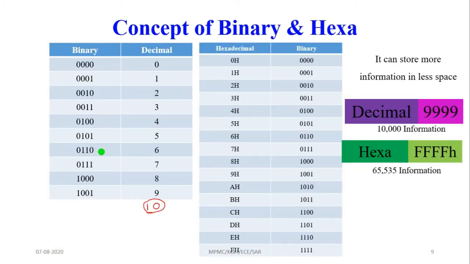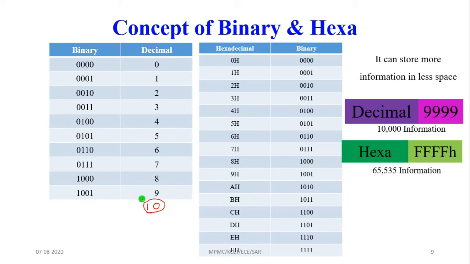Next, this is the concept of binary and hexadecimal numbers. Why can the data be represented by hexadecimal? This is a simple concept we are going to see here. First we take the decimal number. The decimal number varies from 0 to 9. We are going to increase above that, to 10. But the 4-bit binary number changes from 0000 to 1111. 9 is 1001.